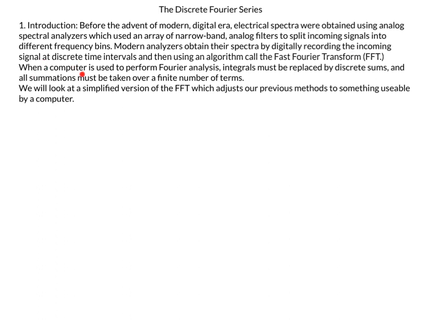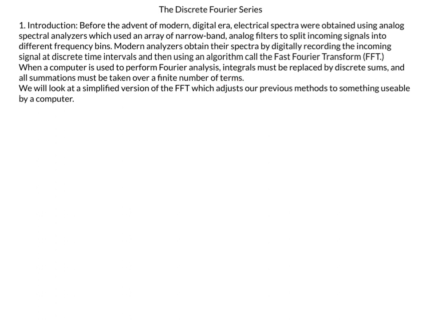But when we use a computer to process this FFT, our integrals must be replaced by discrete sums because our computer isn't going to have a formula for the waveform. It's just going to have a bunch of samples. So instead of integrating a function, we're just going to be summing up a bunch of samples, and all the summations must be taken over a finite number of terms.